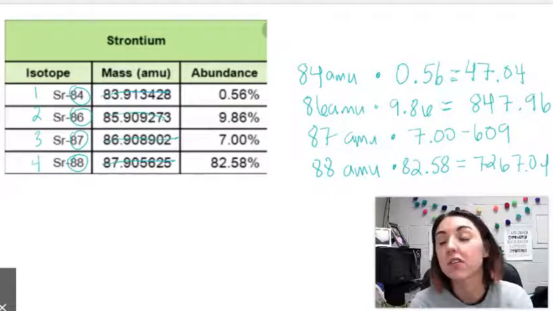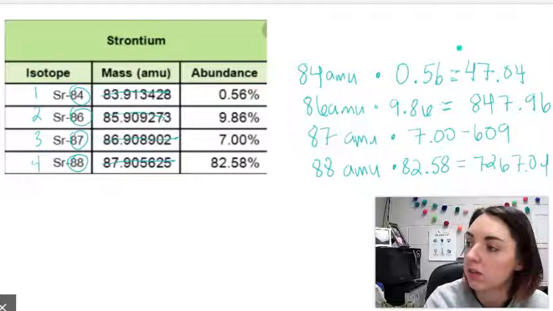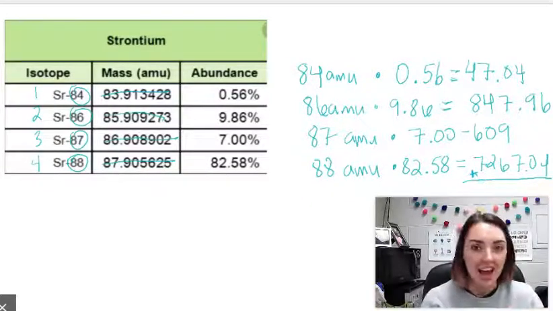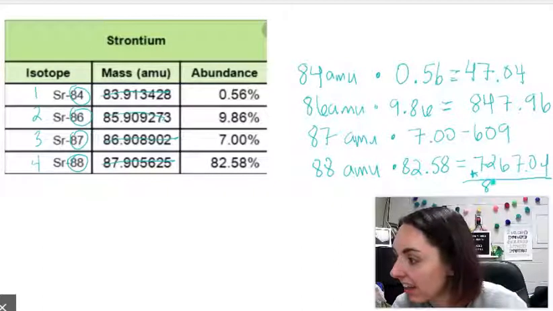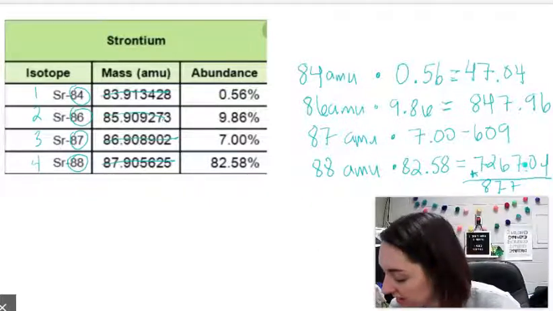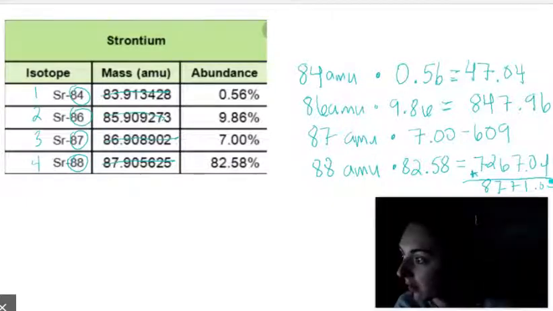Okay, so there's our numbers all thrown into our calculator. Our next step is we want to add all of these together, so let's make that into a little addition problem. When I add all of those up, I get 8,771.04.